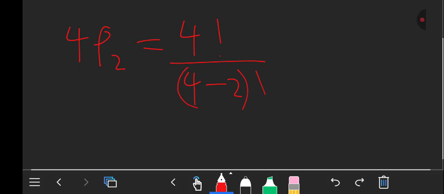Let's say you have 4 permutation 2. How can you evaluate this? You say 4 factorial over 4 minus 2 factorial. So this will be equal to 4 factorial over 4 minus 2, which is 2, so 2 factorial. On this one, I can strategically end on 2 factorial by expanding 4 factorial.